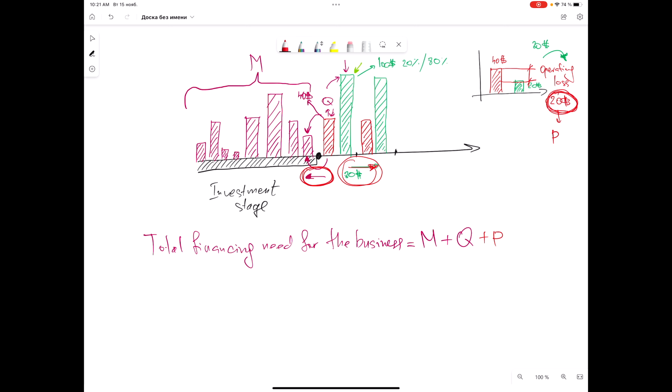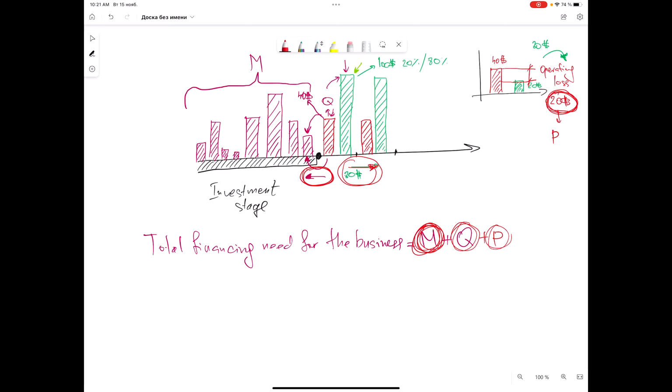So that's why the total amount of money you will need to start the business will consist of three components. One is the classical investment stage expenses, M. Q are operating expenses displaced to the left, so that we could get the revenue of the first month.